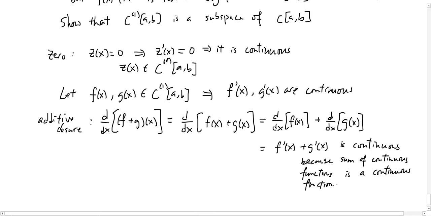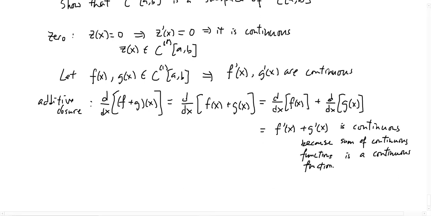And therefore that shows that what we have is closure. If you have two continuous functions that have continuous first derivative, if I add them, the first derivative is also continuous. Now, next one would be to show scalar closure.